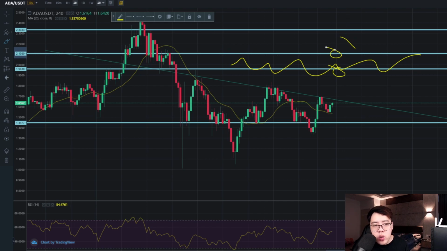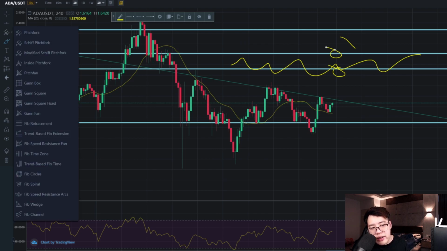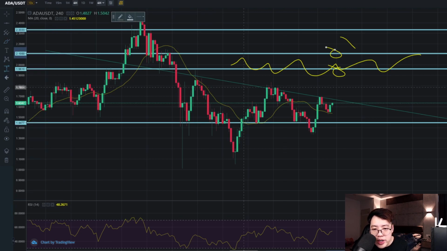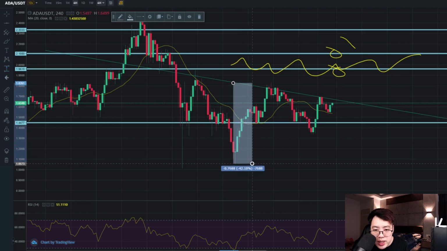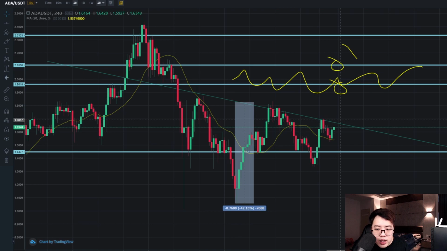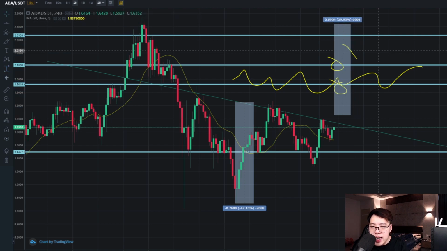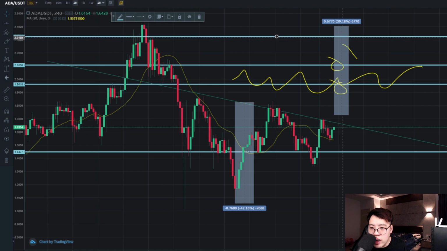Very simple. So as you can see, this is an inverse head and shoulders. Usually with an inverse head and shoulders, to maximize the profit, we use the price range: we drag from here to here, then we know this is about 40%, meaning that if it breaks above, it will go 40% upwards. So yes, you might say that, wow, it's a bit too high.